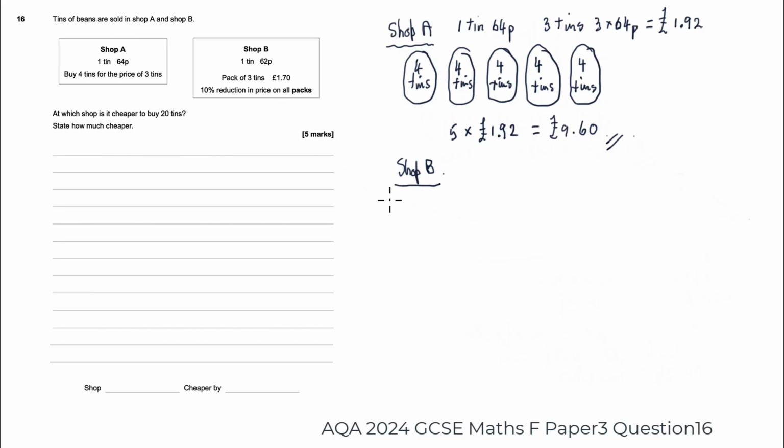So how many bunches of 3 tins will make up our 20 tins? We're doing the same sort of problem that we did in the previous shop. Well, to do that, you would divide 20 by 3.